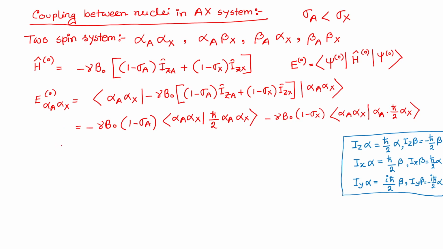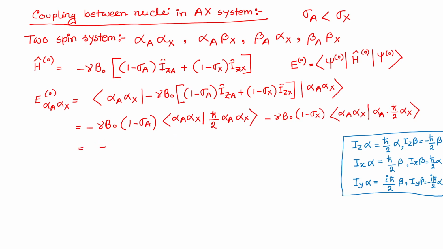Okay, so let us do this. As you can see, alpha A, alpha X, alpha A, alpha X. You can think of it as a product of two integrals, right? Alpha A will be multiplied by alpha A, alpha X will be multiplied by alpha X, and as you can understand, this is a normalization condition, and only H cut by 2 will come up, the rest of the thing is 1, right?